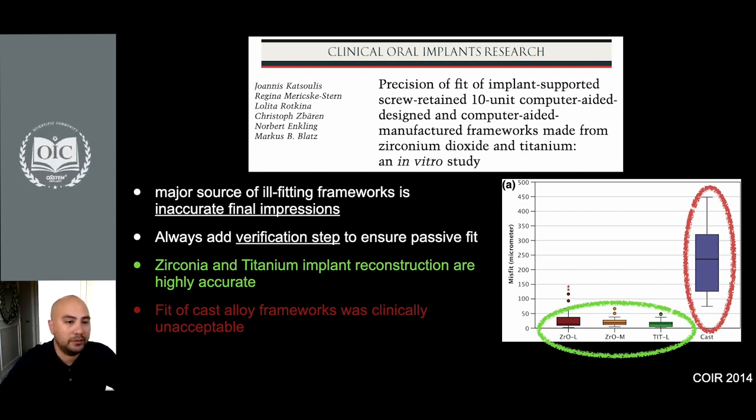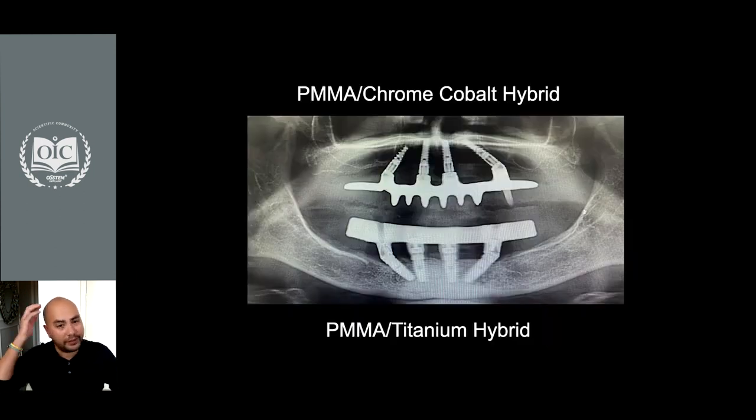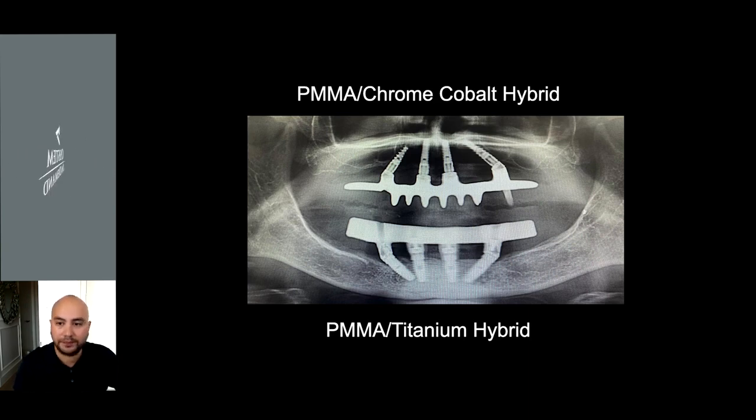Titanium and zirconia implant reconstructions are extremely accurate, whereas the fit of the cast alloy framework is not always reliable. I'm going to show you now a case I've done with the maxilla fitted with a cast alloy framework, whereas on the lower arch you can see a milled titanium bar.